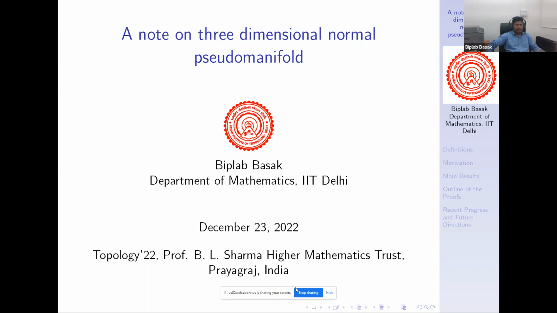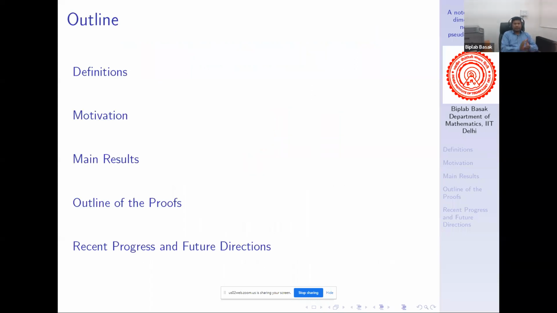So I shall talk on a note on three-dimensional normal pseudomanifolds. Let's start with the basic outline of this talk. First I start with basic definitions. Most of the definitions are well known for the topologist, but I will recall them for the beginners.